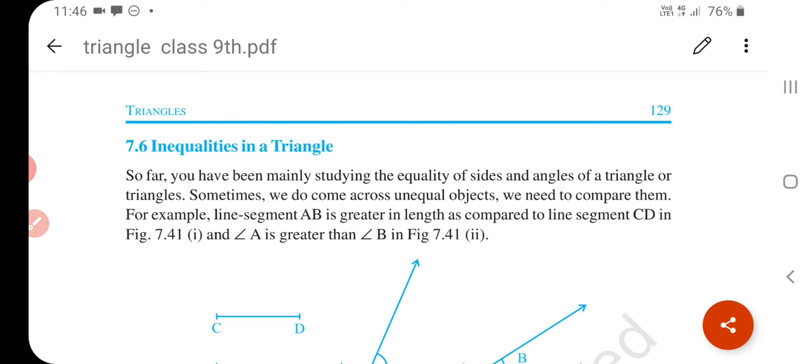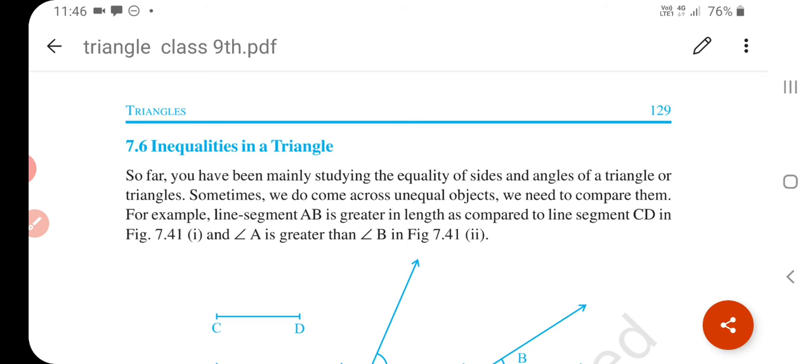But here, we think about the equality of sides and angles of a triangle or triangles, sometimes we do come across unequal objects and we need to compare them. So if this type of comparison is there, then the first theorem is inequality of triangle.